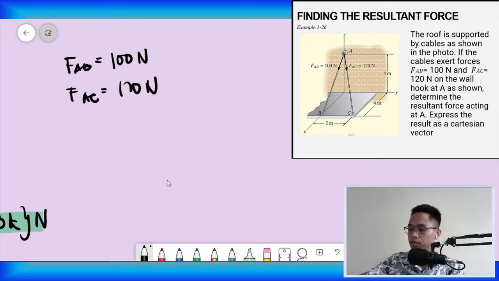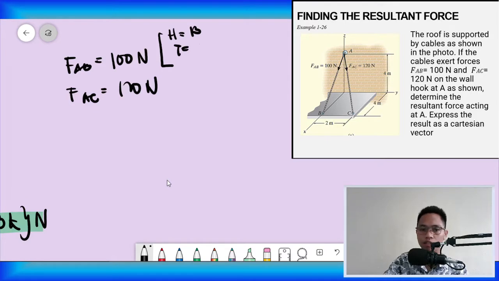Alright, so let's start. For AB, the head is B, obviously, and the tail is A. Then there is AC, its head is C, and the tail is still A.